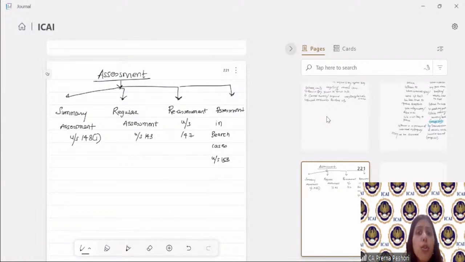Now, I had told you about this last time also in the last class. What is summary assessment? 143(1) is just the processing of your return. I'll give you an example.